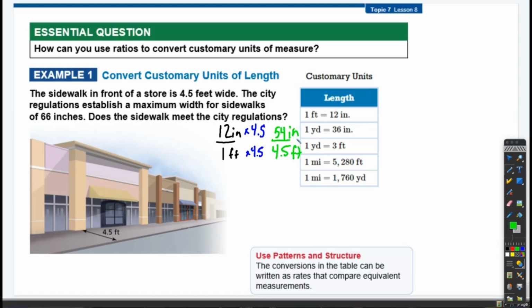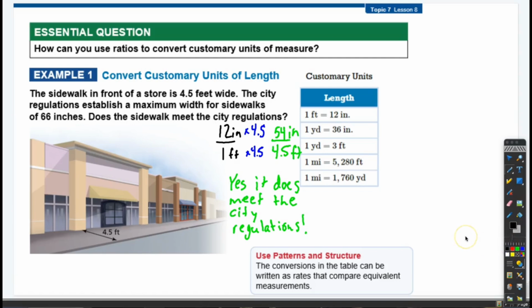So the correct answer is yes. It does meet the city regulations.